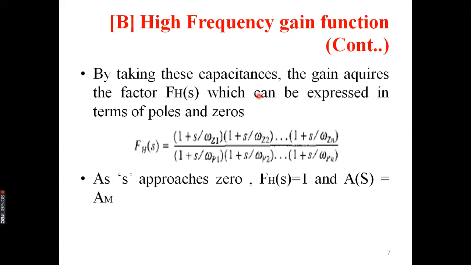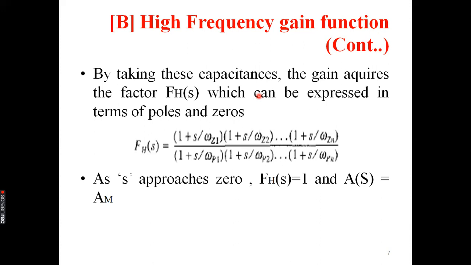From this equation, it is understood that this high frequency gain function is nothing but an nth degree polynomial, which consists of n poles and n zeros. You know that zeros correspond to the numerator and poles correspond to the denominator, right?